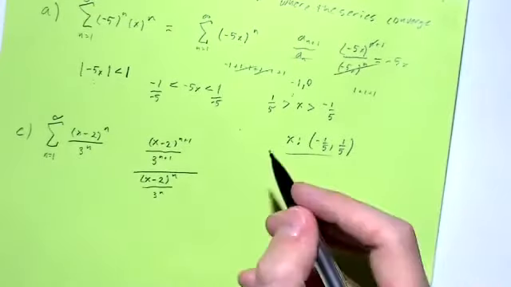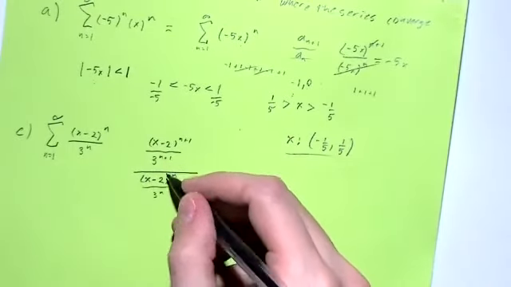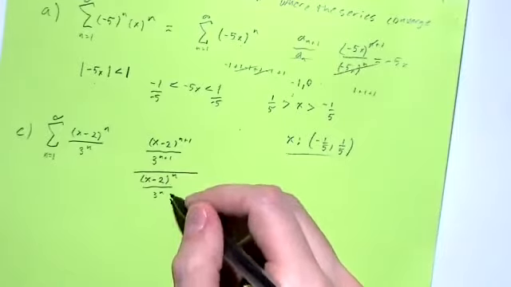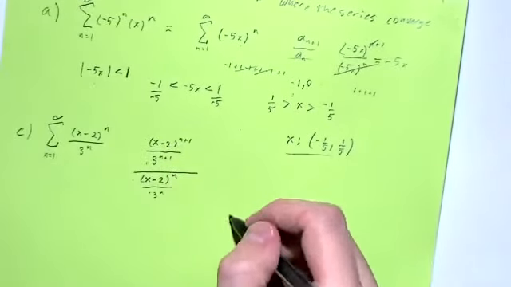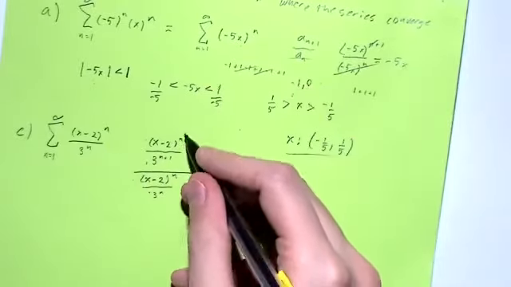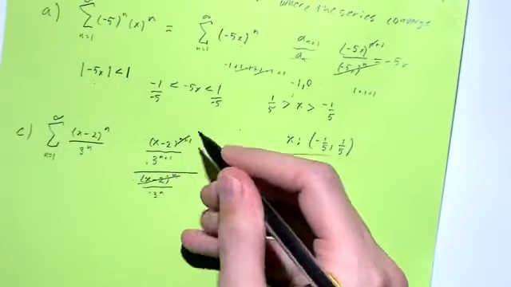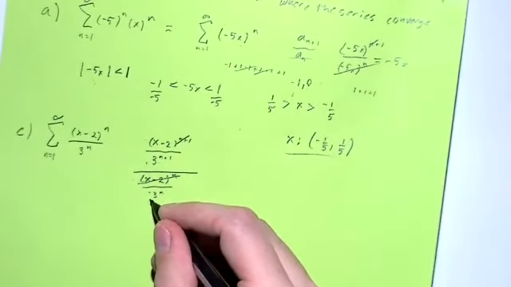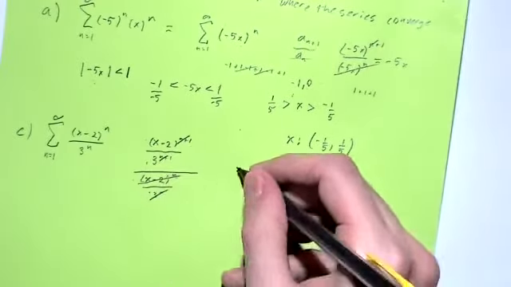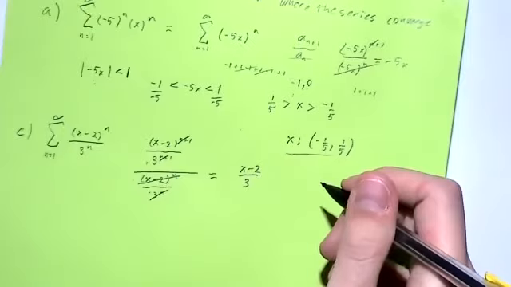So now I can simplify, though not these two or these two. I simplify this with this, this with this. So we have n plus 1 here, n here, that cancels, get left with x minus 2. N here, n plus 1 there, cancels, left with 3. So you get x minus 2 over 3.